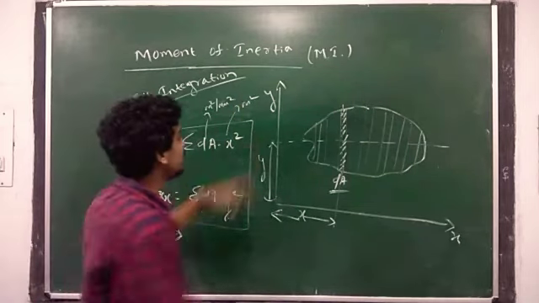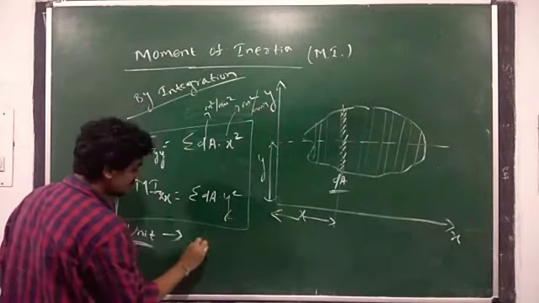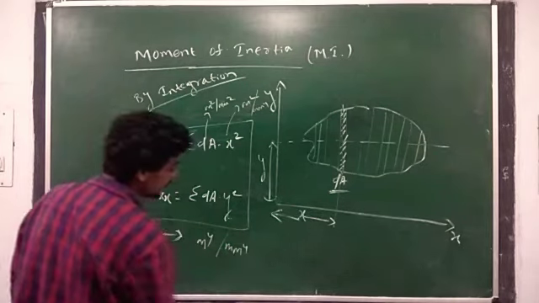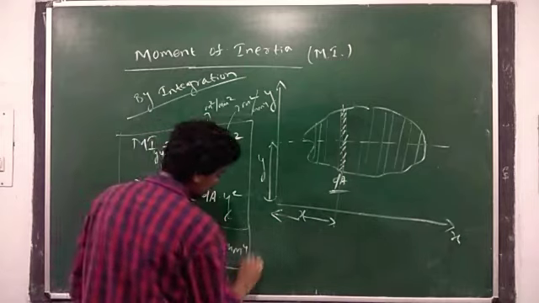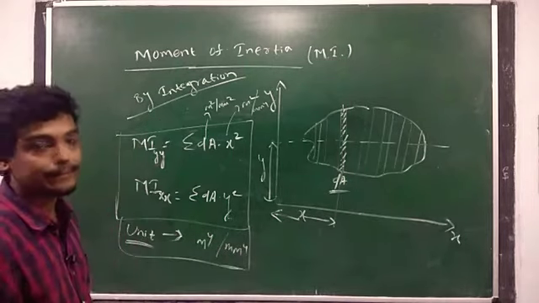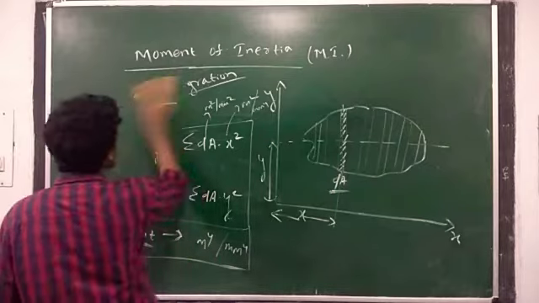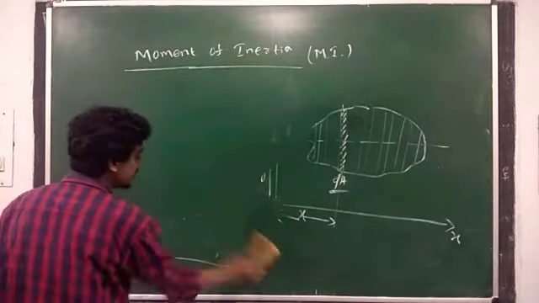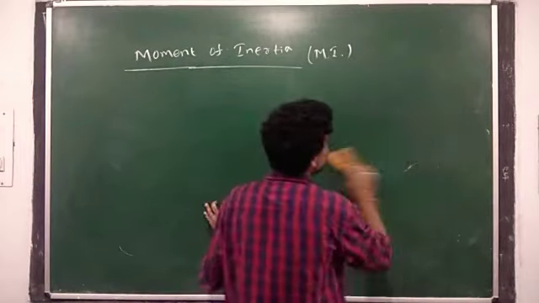So total will be either you can denote as m fourth or mm fourth or cm fourth, whatever. So this will be your unit of moment of inertia. Okay, this is the theoretical part. No need to go through the derivation, because you have studied it in engineering mechanics. This is the revision of your engineering mechanics, so no need to worry about this.